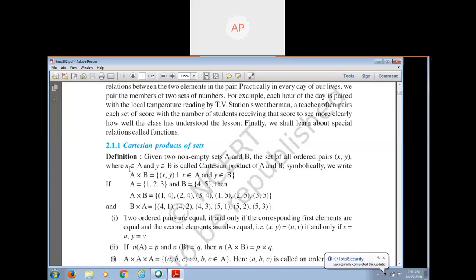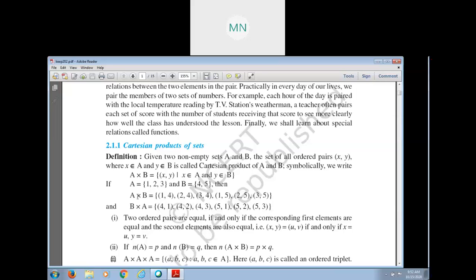See this one, A cross B equals to like that, and B cross A equals to like that. Is it correct or not? Not correct, ma'am. A cross B does not equal B cross A.